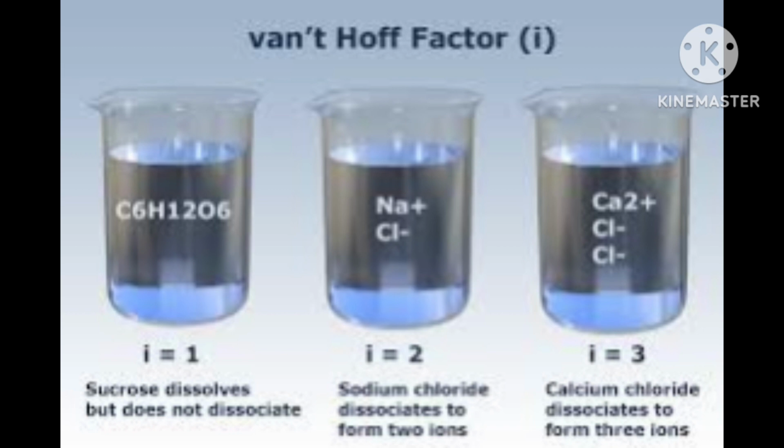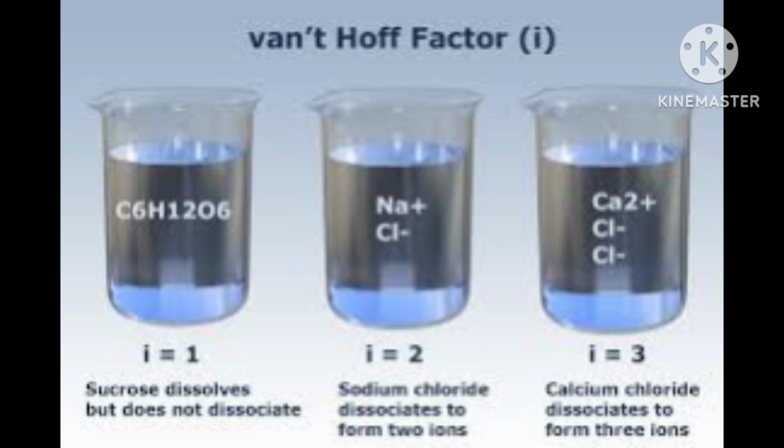Now, by seeing this type of behavior of solute, one scientist, whose name is van't Hoff, in 1880 introduced a factor i, known as the van't Hoff factor, to account for the extent of dissociation or association.